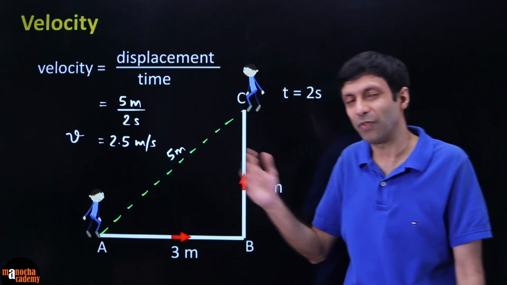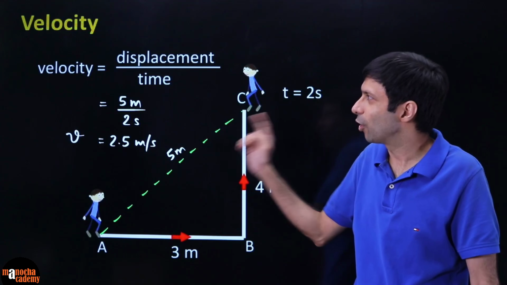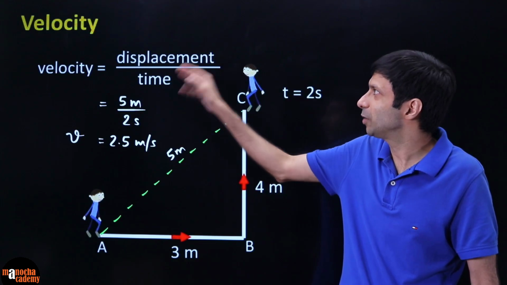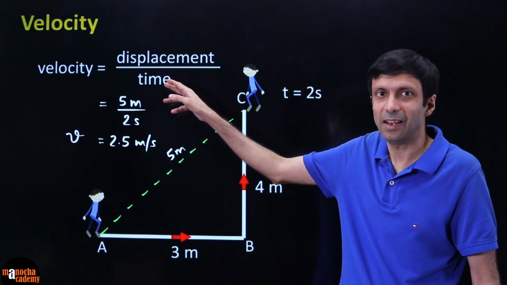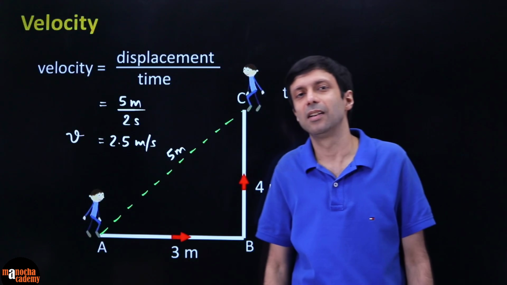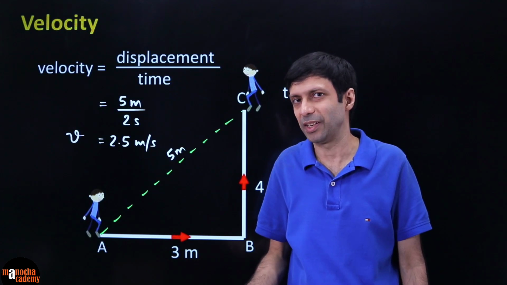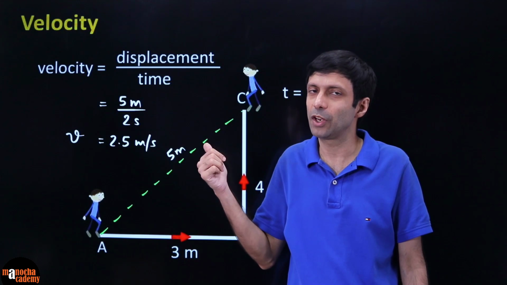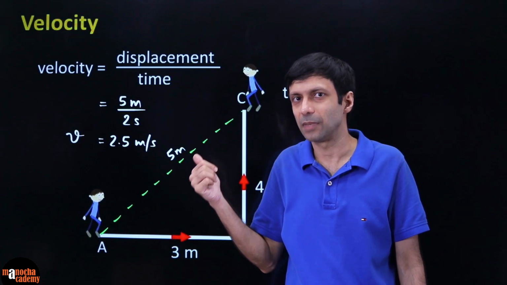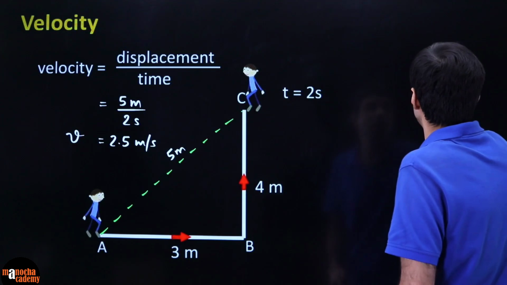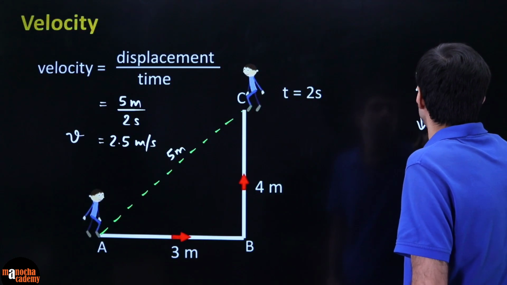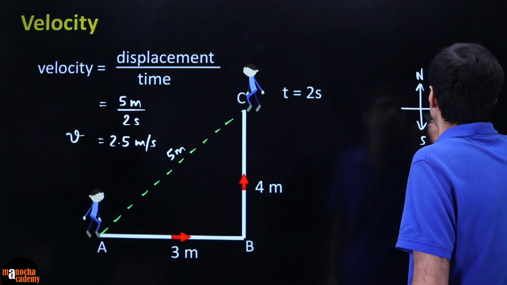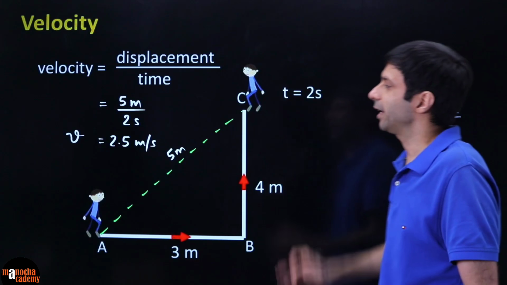But velocity, V for velocity, V for vector. Velocity, just because it is displacement by time, it's a vector by scalar, definitely it has direction. It is a vector quantity. So what will be the direction of this velocity? Again, if you use these same directions, if this is north, south, east and west, what will be the direction of velocity?